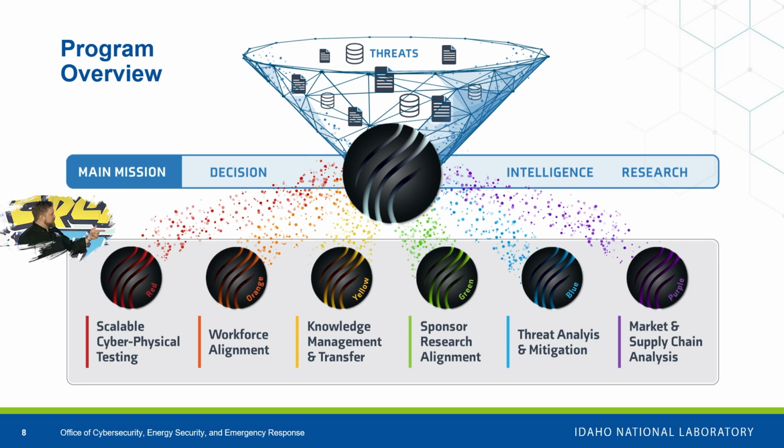We're trying to do that so that we can make sure that we are purpose-building these processes to create a usable output for you, whatever your particular interest is. In the rest of the slides, you're going to see the red: cyber-physical testing, threat analysis and mitigation, and market and supply chain analysis. You'll understand what those specifically mean as I get there.